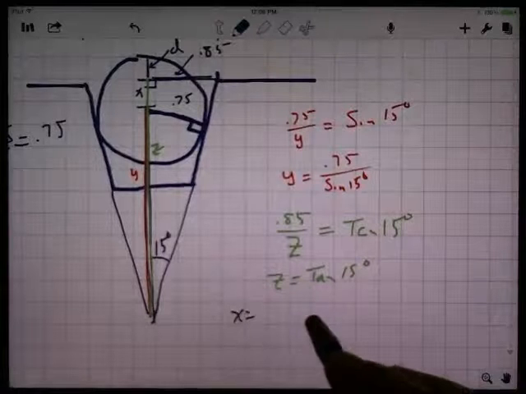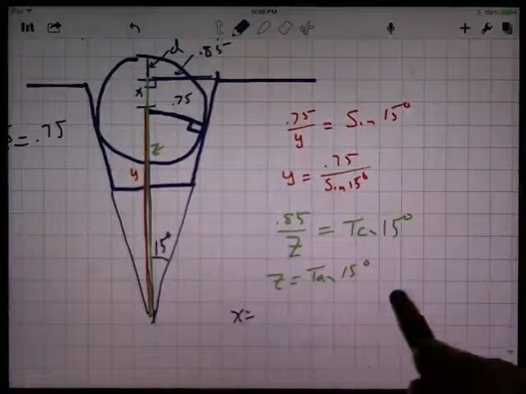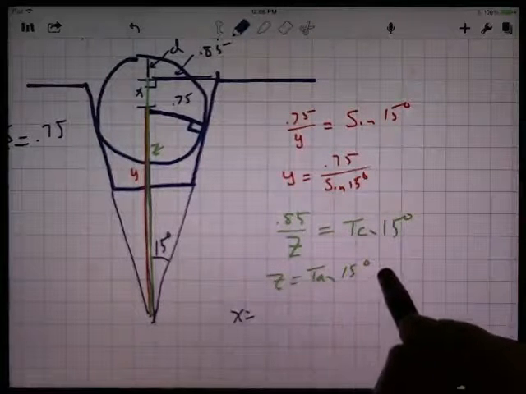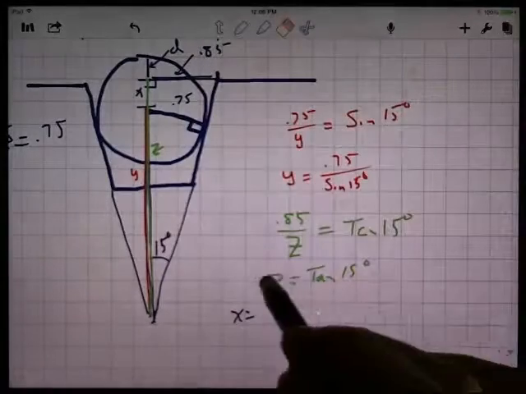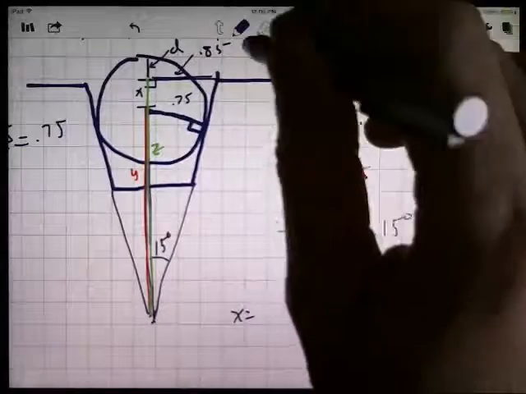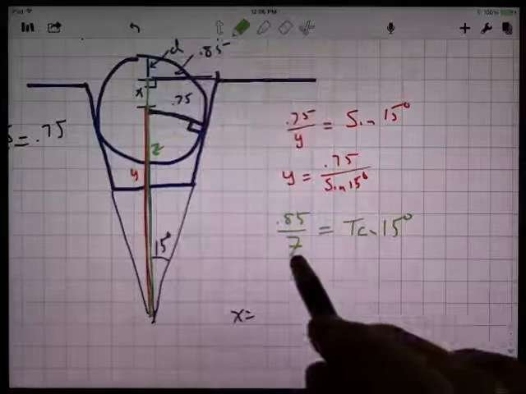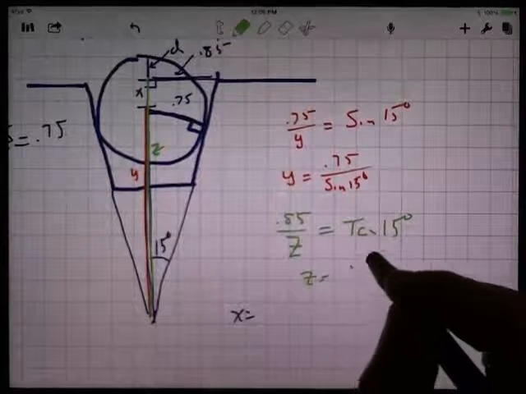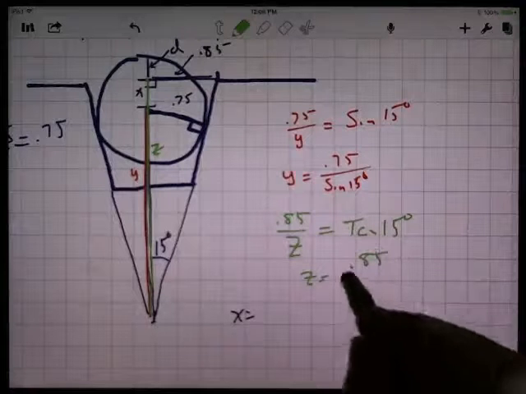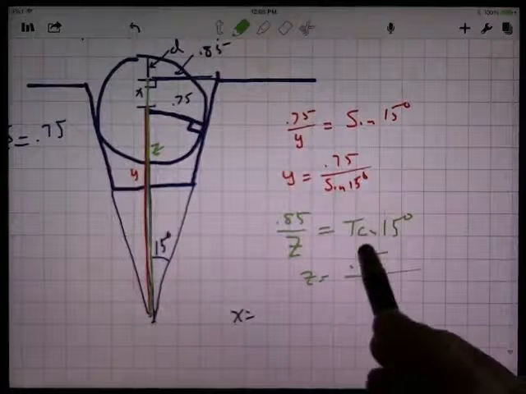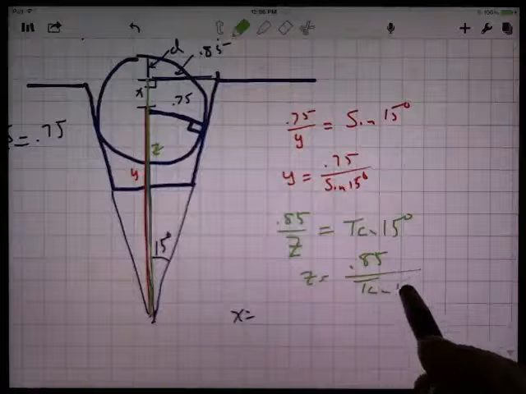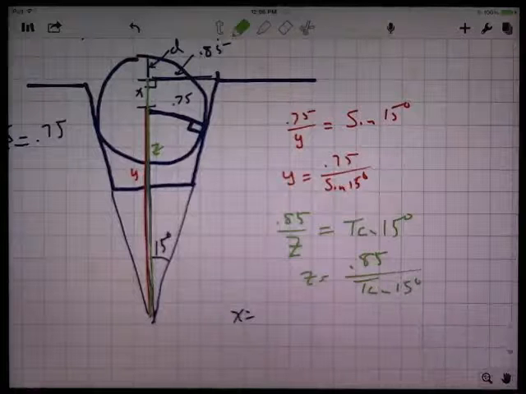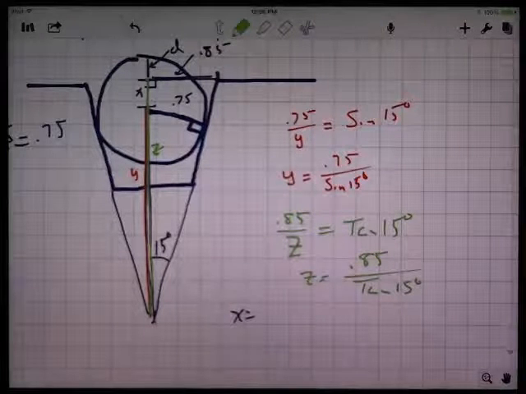So x is equal to, sorry, did I do that right? I didn't. What the heck am I doing here? Sorry, my algebra's a little sloppy there. Let's go back to green. I'm going to multiply by z and divide by the tangent. So z equals, where was I? Let's come back here. Multiply by z, divide by the tangent. Does that look a little better? Z is 0.85 divided by the tangent of 15.